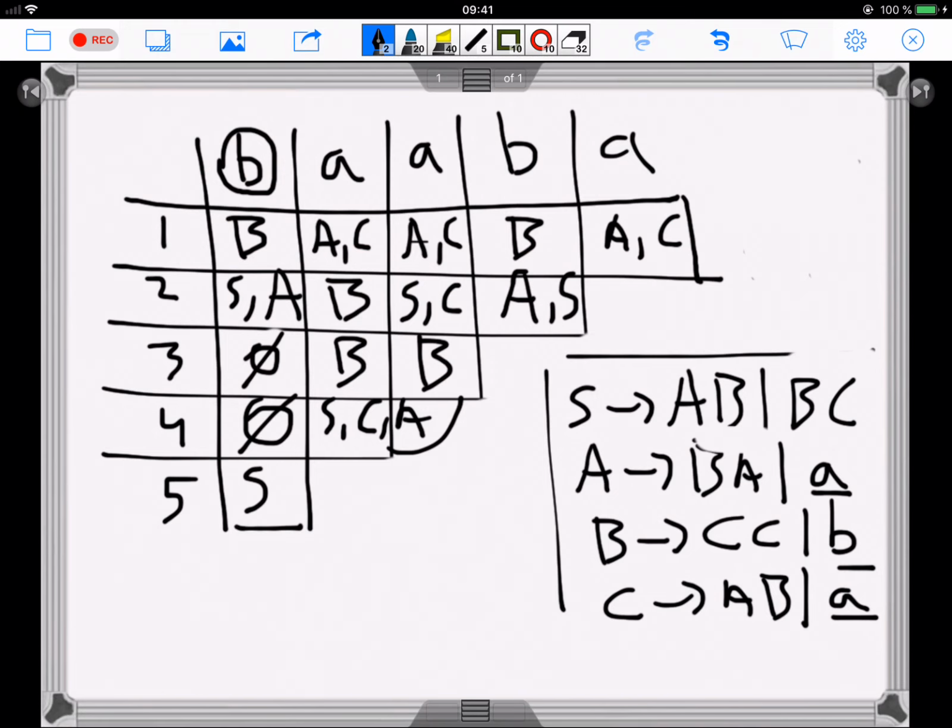Okay, so we can stop there, and we are sure that the word is generated by the grammar. Okay, but we are going to complete the table and see what happens.